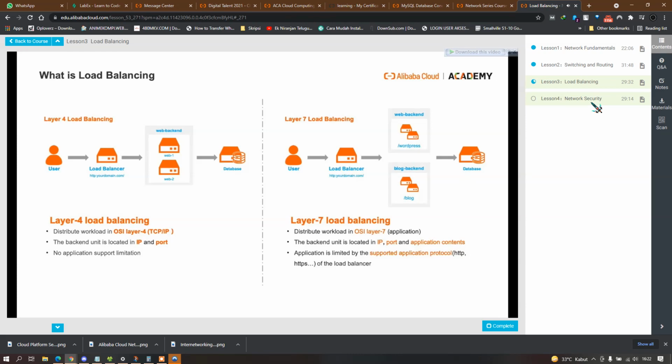So here we can say if your application is using some special protocol, or you are using some special application, it is suggested that you use the layer 4 load balancing. Otherwise, if you are using a commonly used protocol like HTTP or HTTPS, you can use the layer 7 load balancing. Okay, so this is the difference between these two kinds of load balancing service.